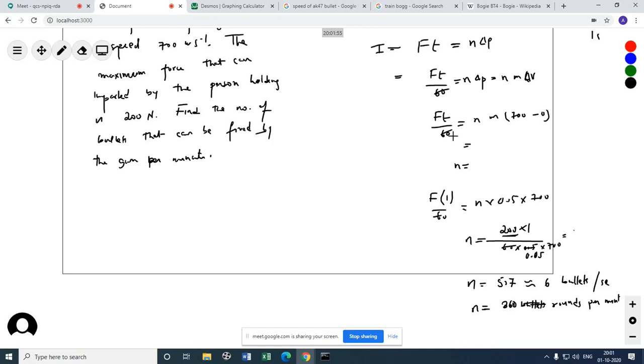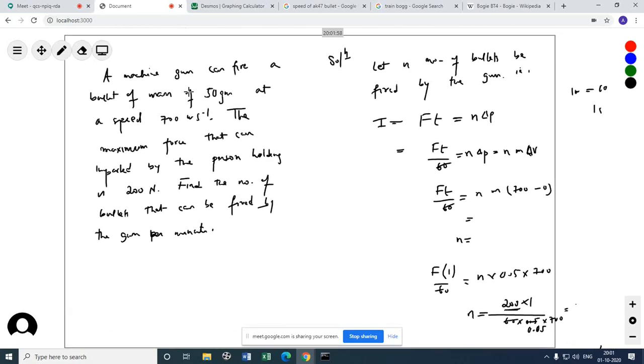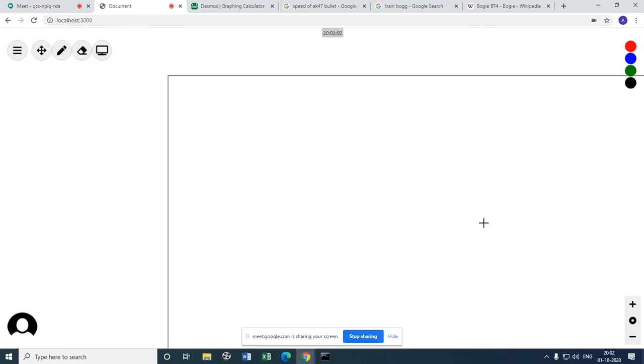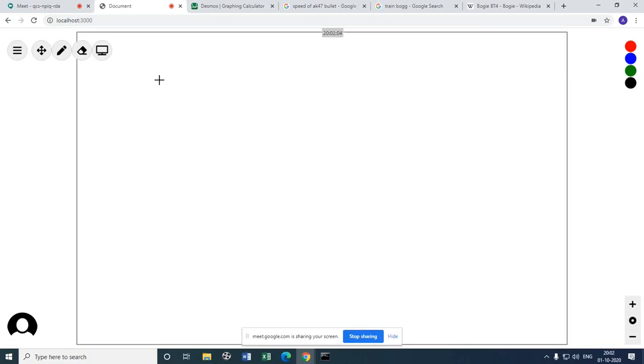Okay. One more type of question from impulse. May I clean it? Yes, sir. Now, a graphical based question on impulse. Look at this. I give you a graph, maybe something like this.